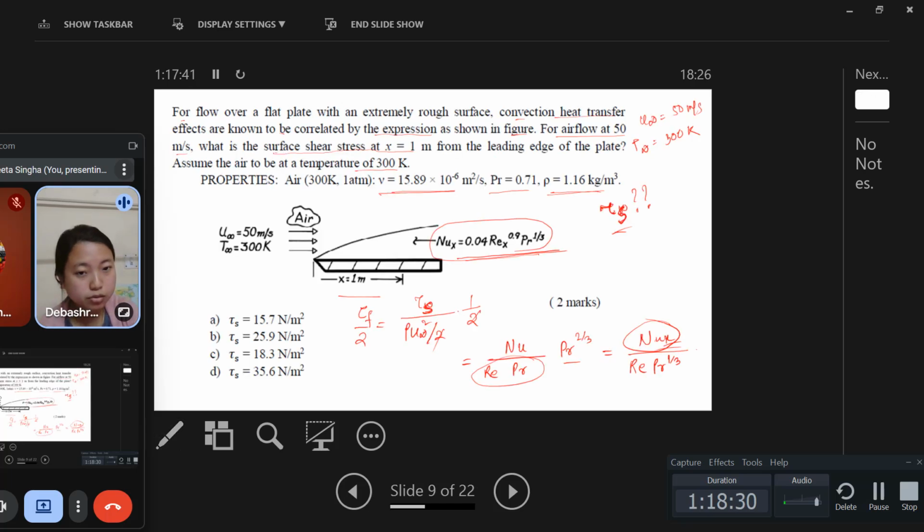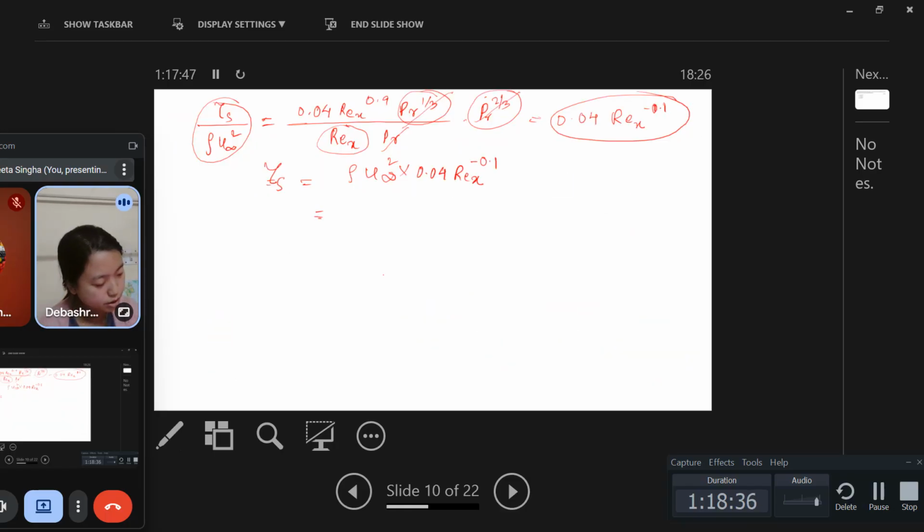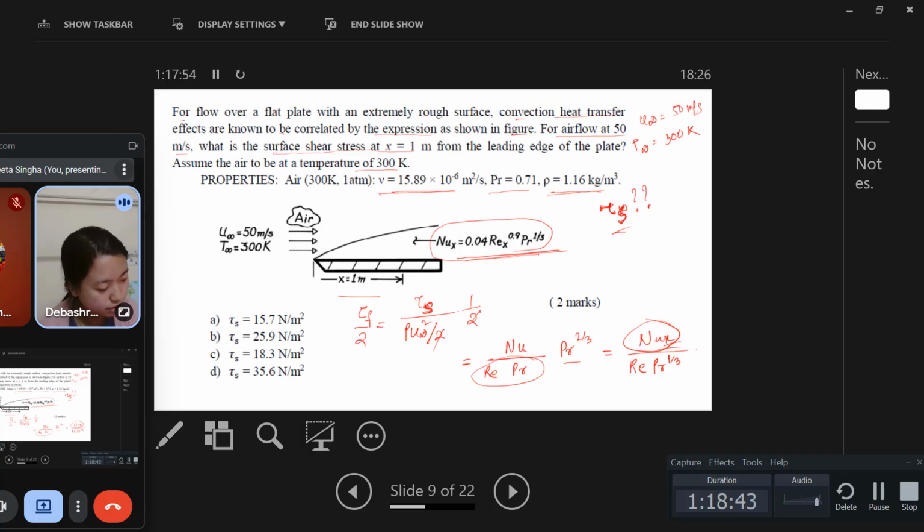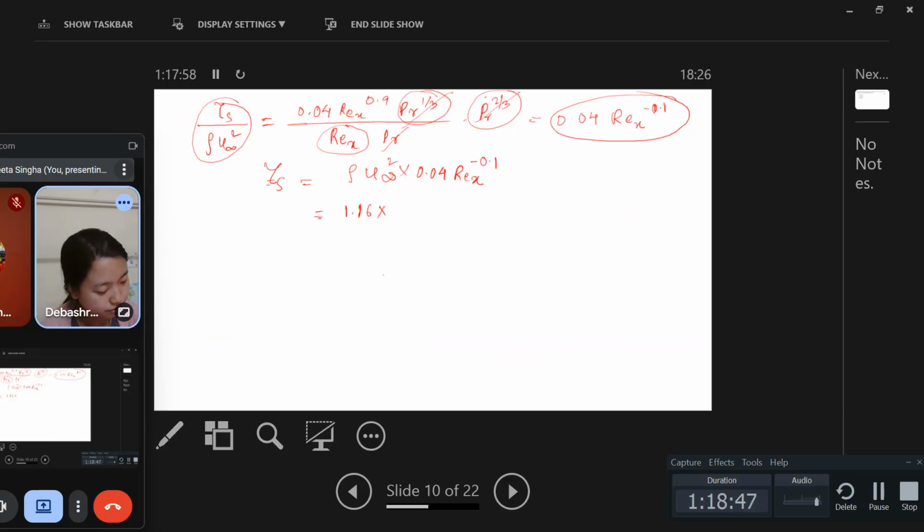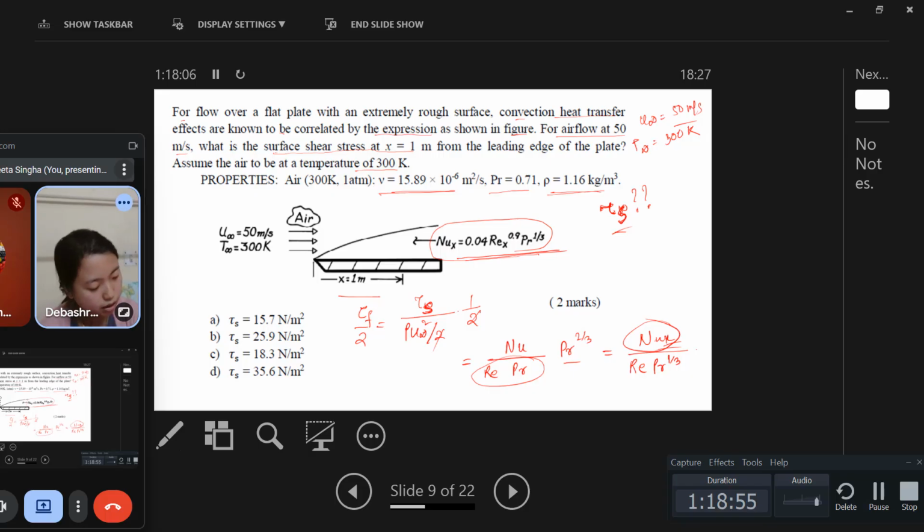So how much is rho given? 1.16 kg per meter cube. U is given as 50 meter per second. This square into 0.04 Re_x. Re_x is not given, so you have to find out the Reynolds number.